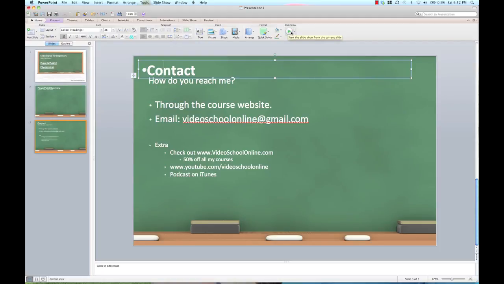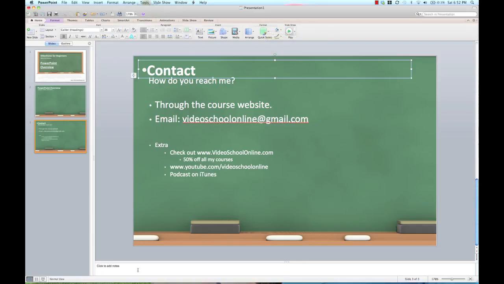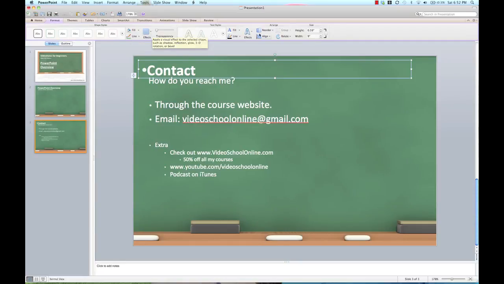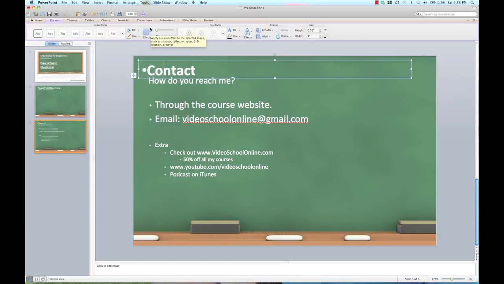Over here on the right, you can actually play the slideshow from the current slide. So if you don't want to go down here to this slideshow view, you can go up here and do that. Some of these other tabs, the format, this will allow you to really change the text. There's predetermined styles. If you want some effects for your text or for your images, you can add reflections and glows and bevels and shadows and all sorts of stuff like that.